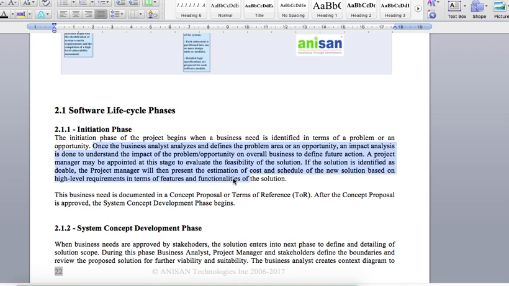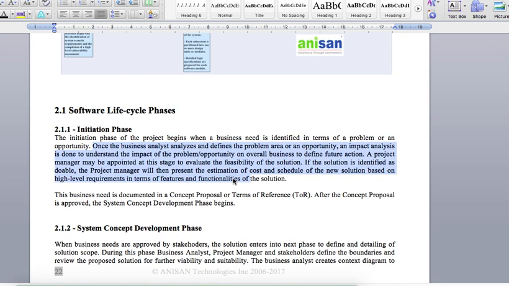Now, when we say there could be a possible solution, then the project manager would analyze and see whether the solution is possible. And if the solution is identified as doable, the project manager will then present the estimation of cost and schedule. Now this is coming from the project manager, and we will use that data to further analyze and prepare our business case.